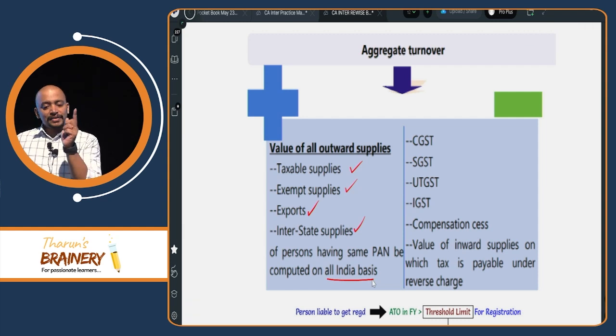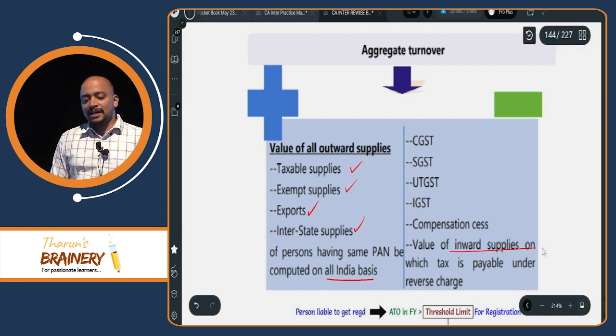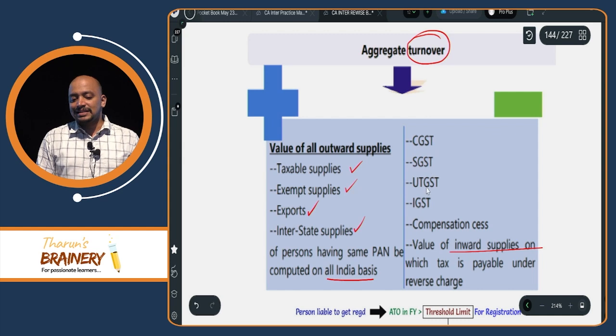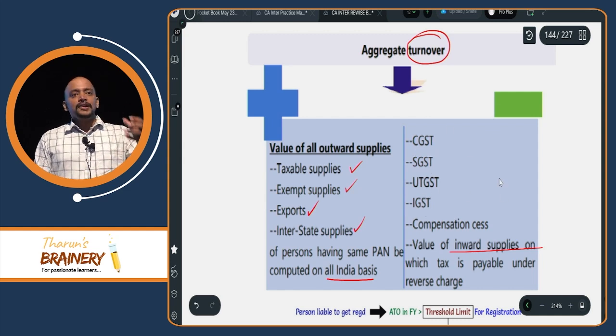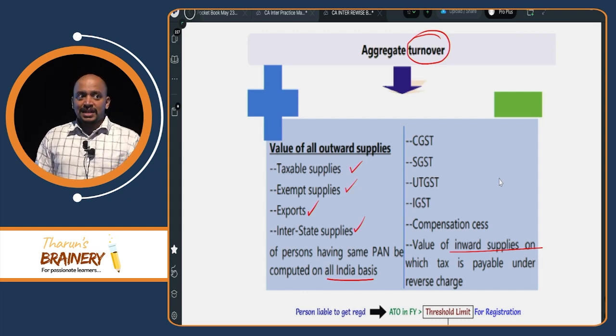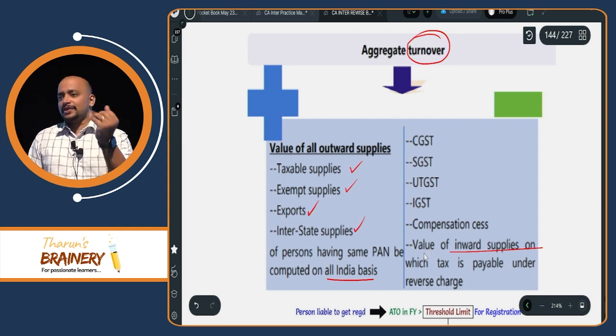But aggregate turnover does not include inward supply on which GST is payable under RCM, because turnover means mainly outward supplies, so inward supply should not come. Also taxes, CGST, SGST, UTGST, IGST should be excluded. First we need to compute the aggregate turnover, and then we need to see if aggregate turnover exceeds the threshold limit; then a person is required to get registered.